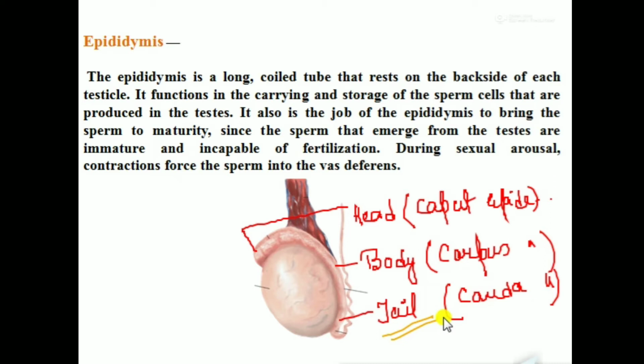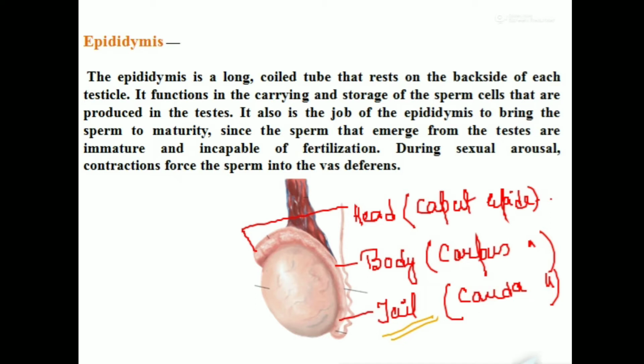When the sperm are stored in the tail portion, they get physically matured.